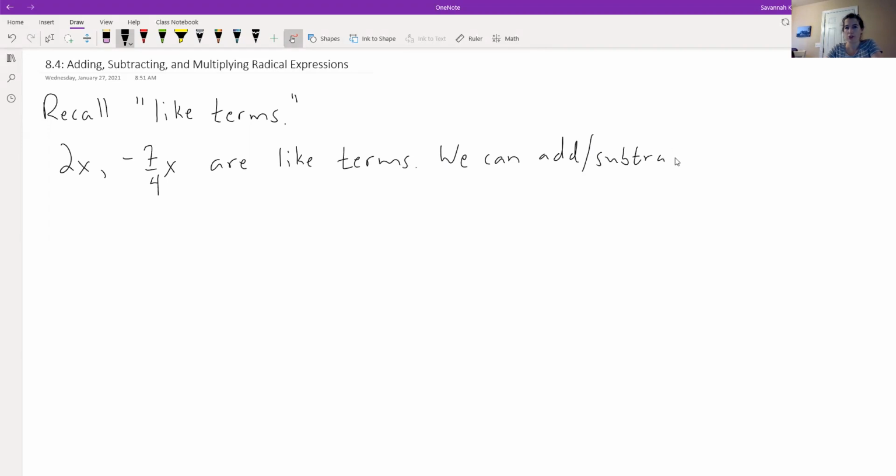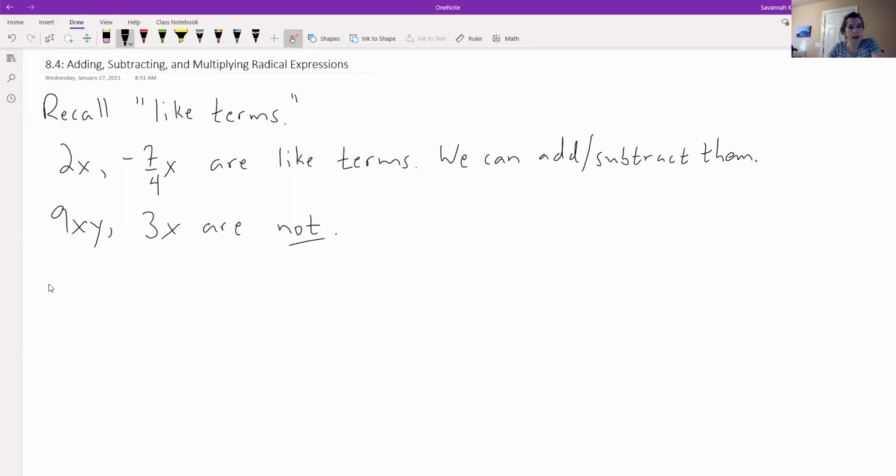Multiplication and division don't care if you have like terms or not. 9xy and 3x are not like terms. So no adding, no subtracting, can't go any farther.